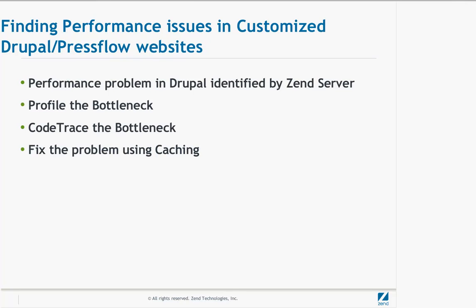A lot of times performance problems happen in production environments. They're hard to reproduce. They're seemingly random in nature because they're not consistently happening. It's in the production environment that you really face the most challenging types of performance issues.